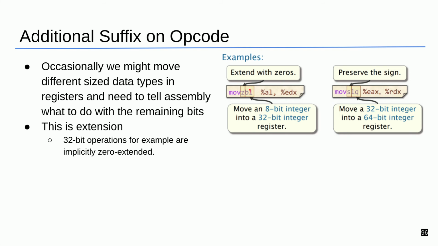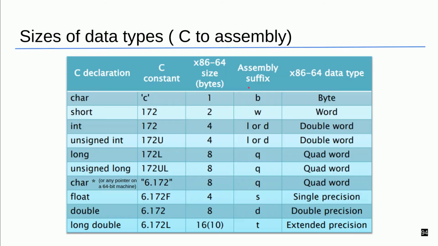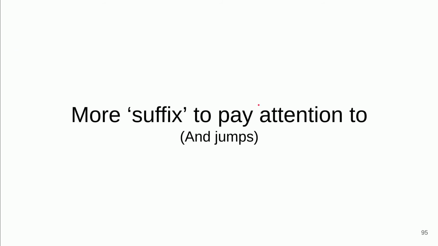And the BL is for like a block. So basically, B is actually the size of this register. So B, if I look back here, means we're working with 1 byte.